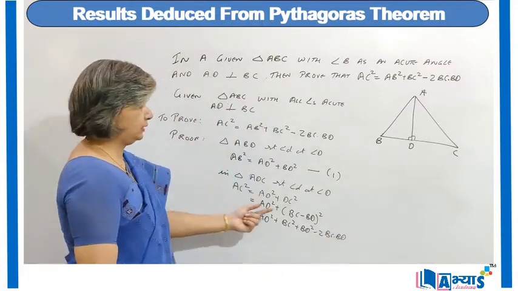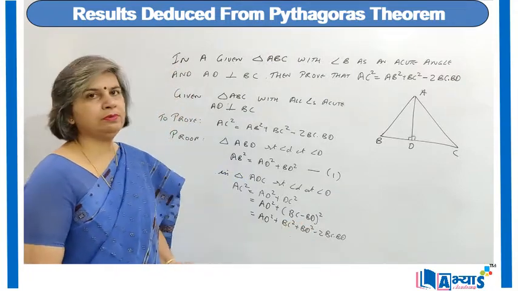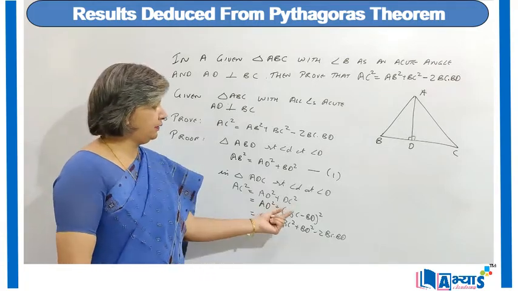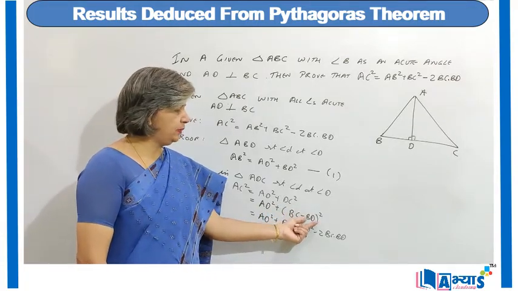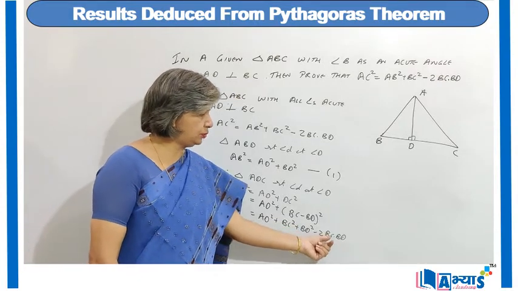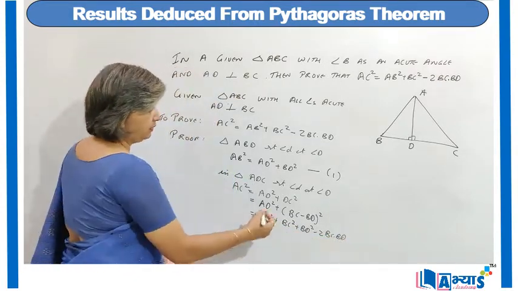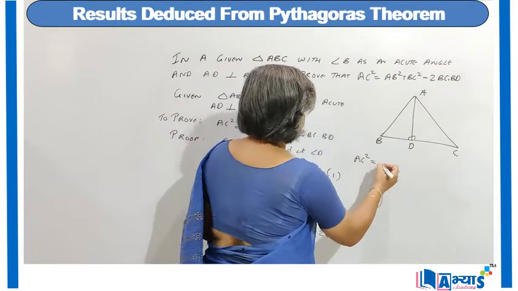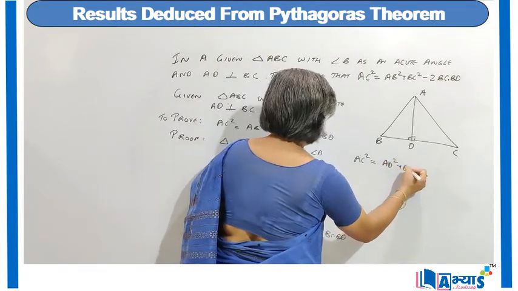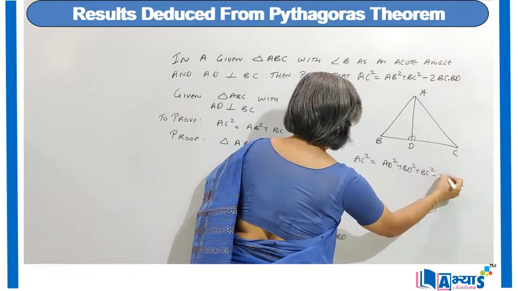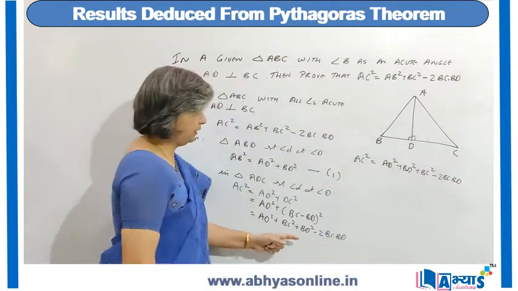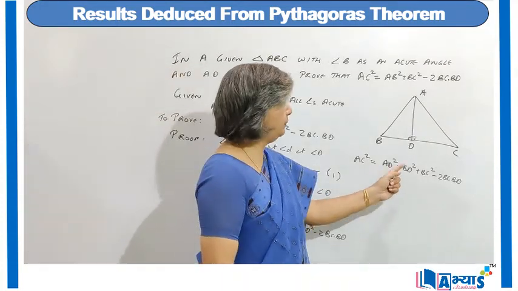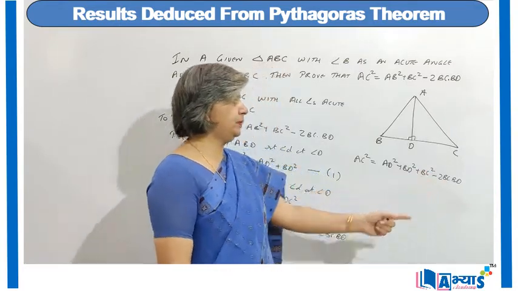That means A square plus B square minus 2AB, because we know that A minus B whole square is equal to A square plus B square minus 2AB, and we are considering BC as A and BD as B. So AC square is further equal to AD square plus BD square plus BC square minus 2BC into BD. That means I have interchanged the positions of BD and BC.